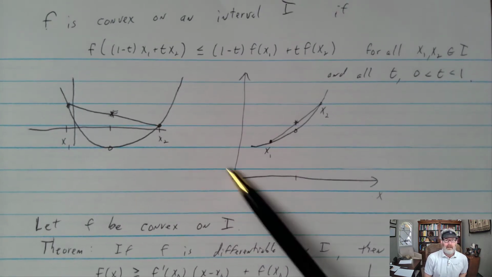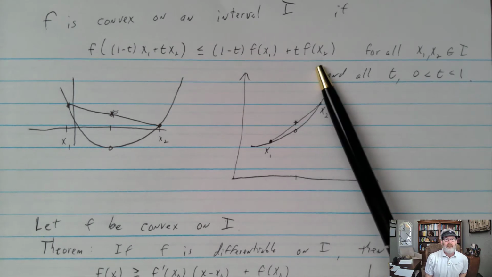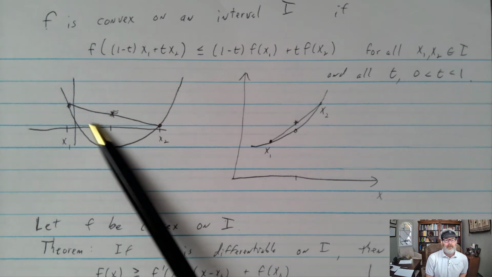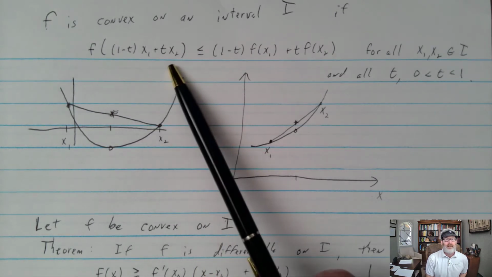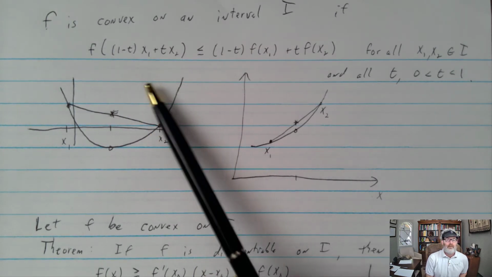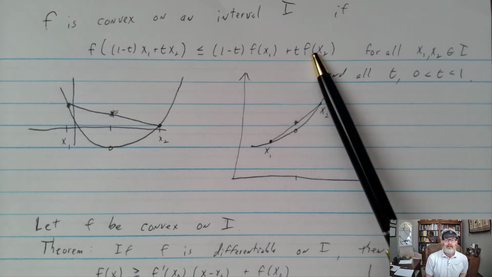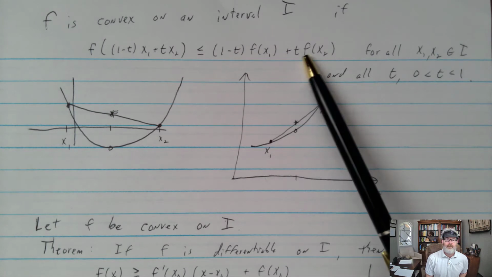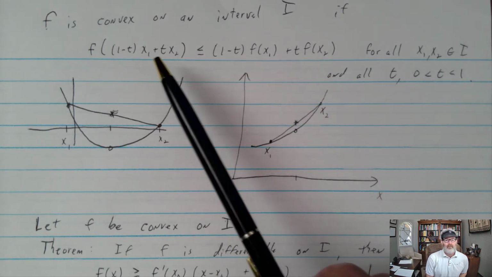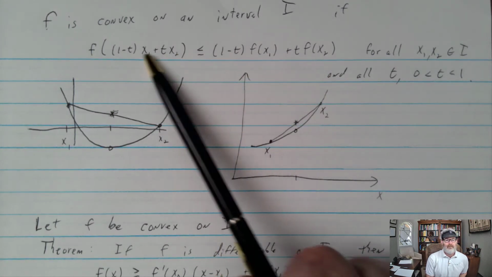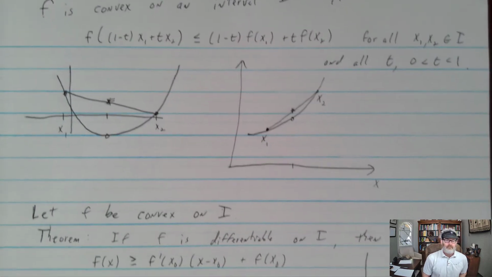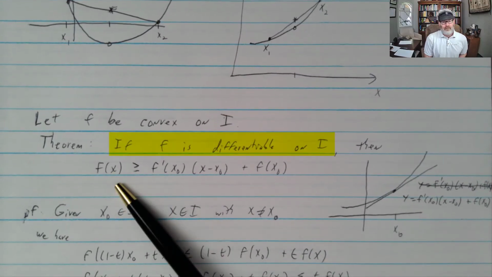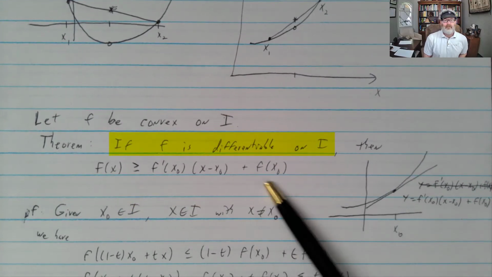And again, to be convex means it satisfies this inequality: f evaluated at any point in between two x values will be below the line segment connecting them. So this evaluates the y value of the line segment that corresponds to this.